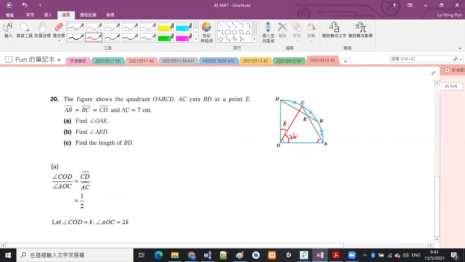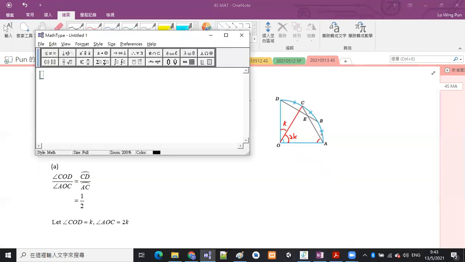All right? But actually, we know that the sum of these two angles should be equal to 90 degrees. So can you see that? Can you feel that I'm going to find the value of K by adding them together, being equal to 90 degrees. So 3K is 90 degrees, then K should be 30 degrees.